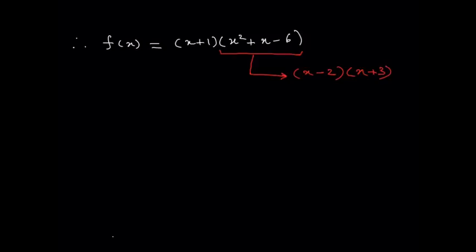So we can factorize f of x completely by writing it as a product of three linear factors. The original factor is the divisor that we had, x plus 1, and then we've got x minus 2, x plus 3, which we factorise from the quotient.